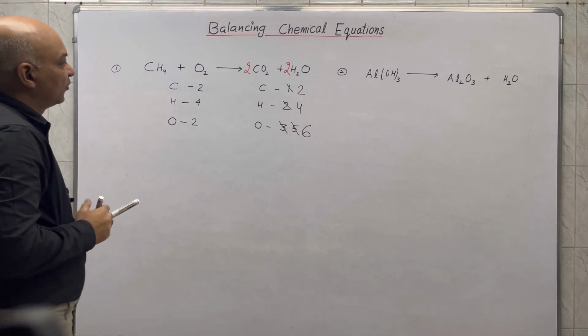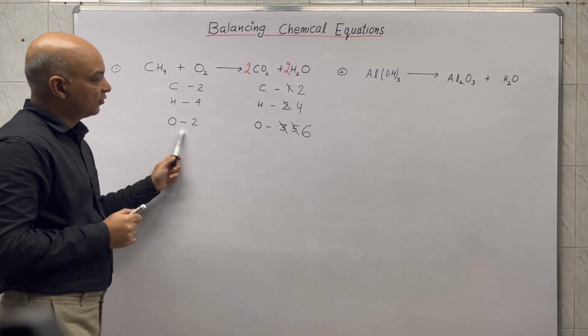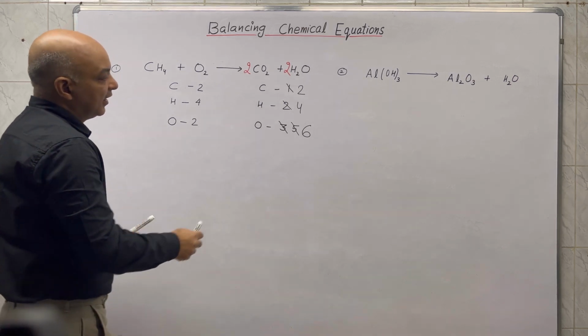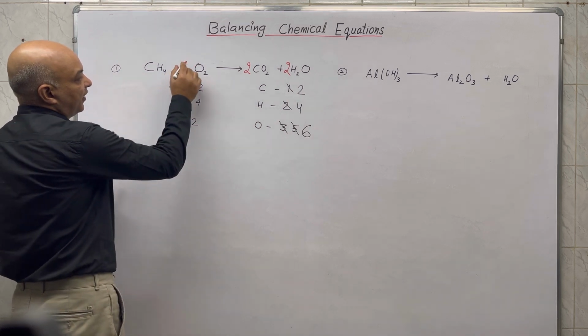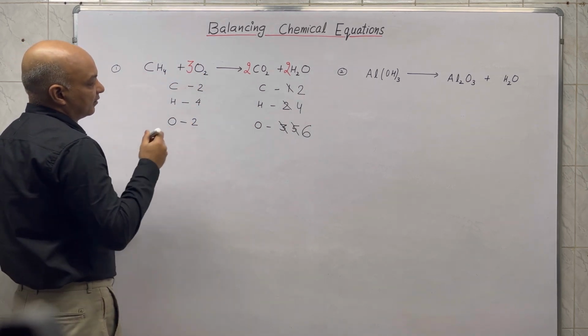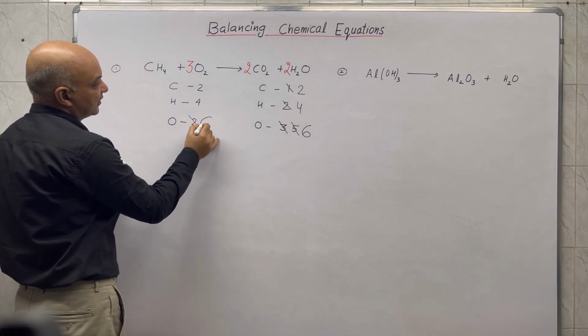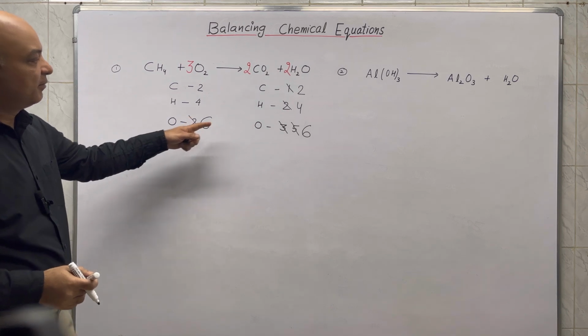Now, my carbon and hydrogen are already balanced. Let us move to oxygen. Here it is 6, but here it is only 2. So if I multiply a 3 over here, that will make oxygen also as 3 into 2, 6. And now the equation is balanced.